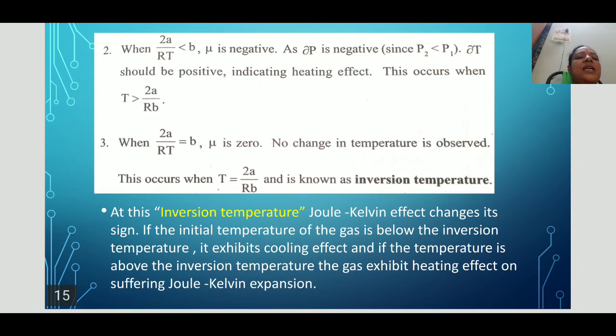That means if the initial temperature of the gas is below the inversion temperature, it shows a cooling effect. If the initial temperature is above the inversion temperature, the gas shows a heating effect on undergoing this Joule Kelvin or Joule Thomson expansion. These are the important things we understand from this Joule Kelvin effect.